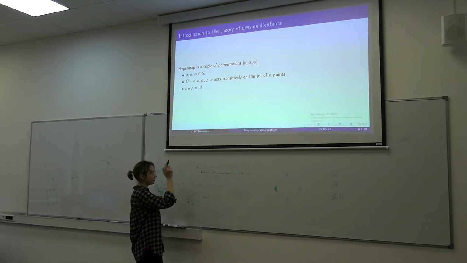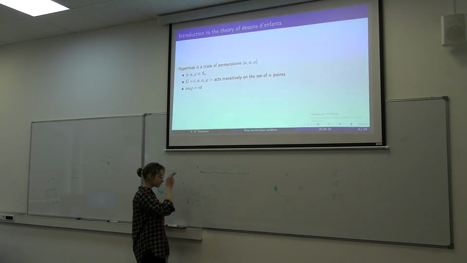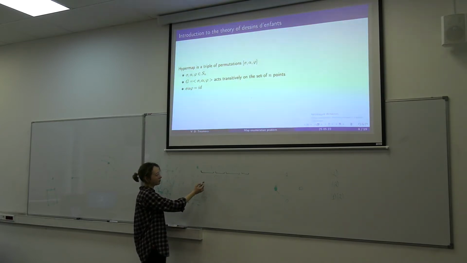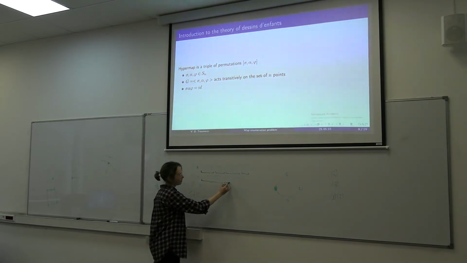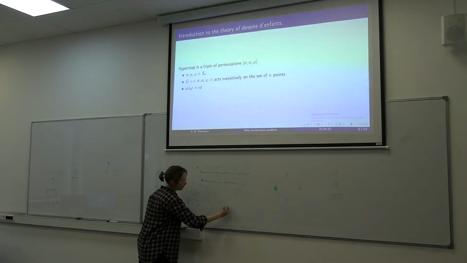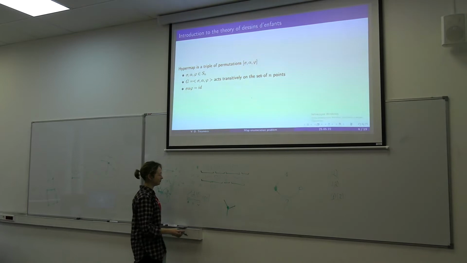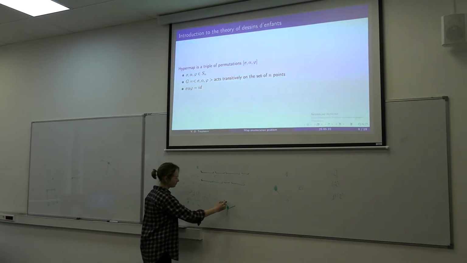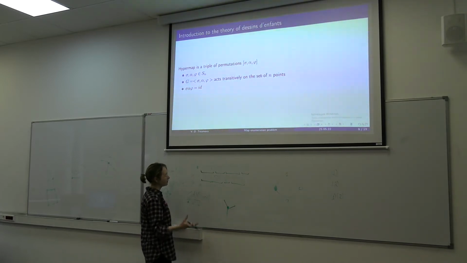We do it by cyclic decompositions of our permutations. Here we have 4 white vertices and 3 faces. Then I'll draw these edges and recover the structure of my Dessin d'enfant.